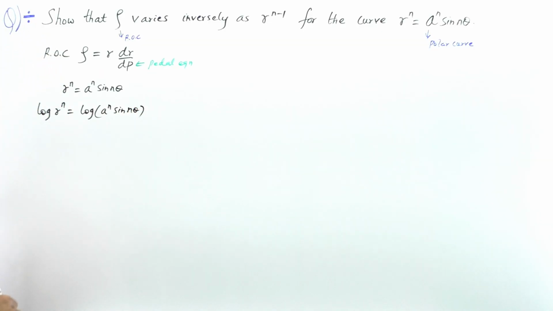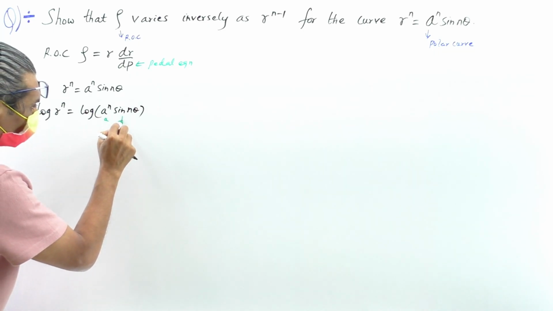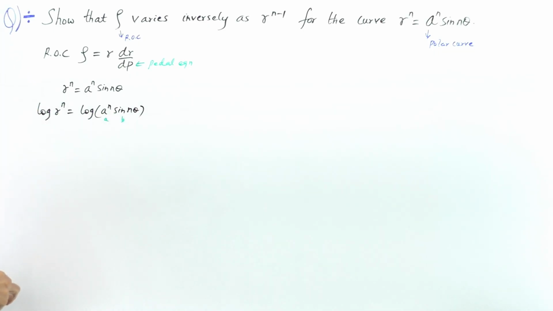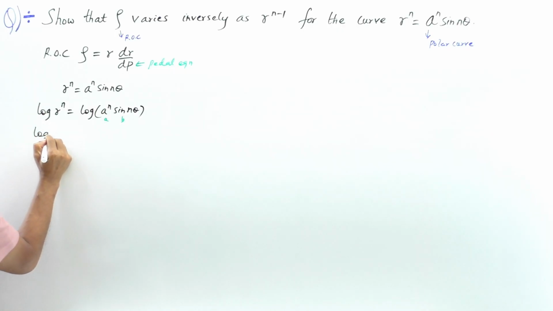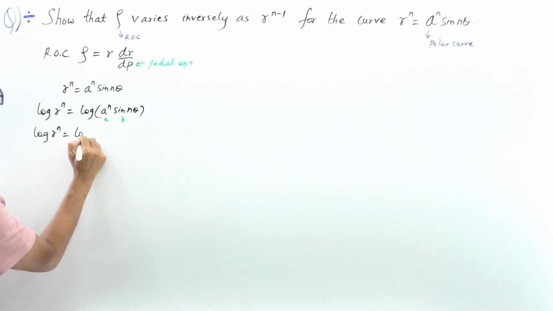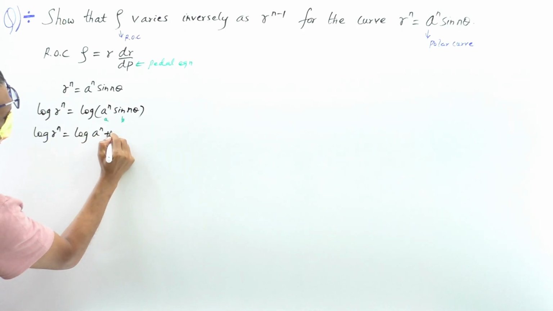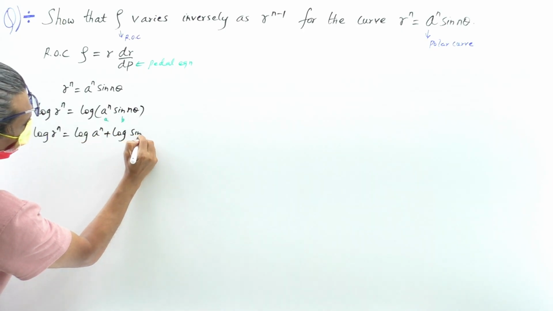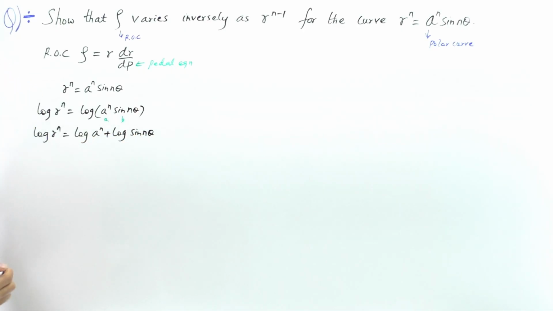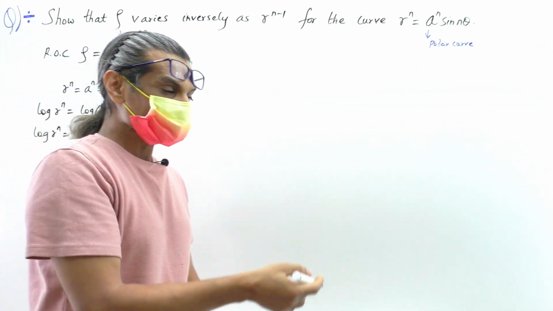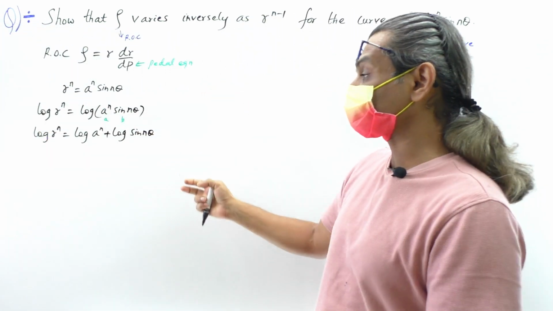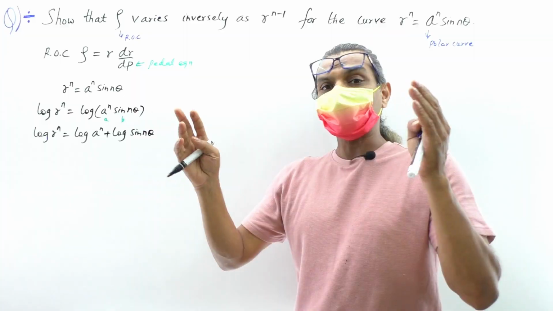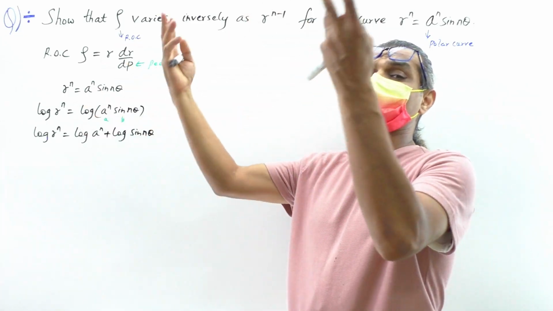So I applied log on both sides. As you know, there is a property of logarithm: log of a times b is log a plus log b. So we have log r^n = log a^n + log of sin n theta. Because you need to differentiate this, the expression should be plain: no multiplication, no division, no powers allowed.